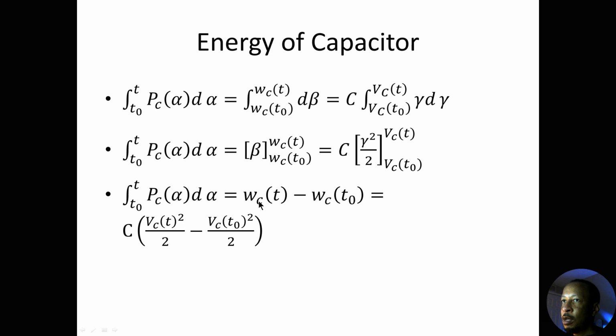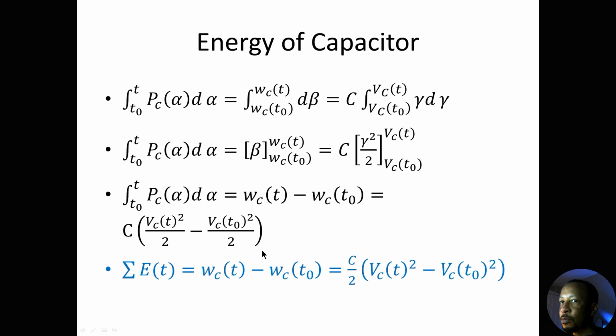And so you have all of that equal to W_C(t) minus W_C(t₀) equals C times V_C(t) squared divided by 2 minus V_C(t₀) squared divided by 2. So what that all gives you is a summary of the energy with time.